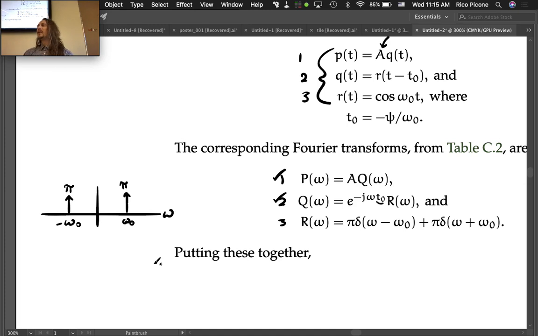It's called a double-sided transform. I don't want to get into the weeds on it, but there are double-sided transforms and single-sided transforms. It's just a mathematical game that you can play. You can either define it one way or define it the other way. This is a double-sided transform. It's much more common to see.